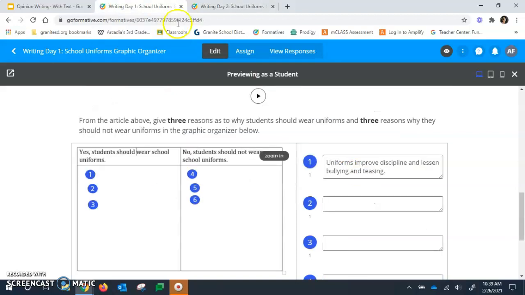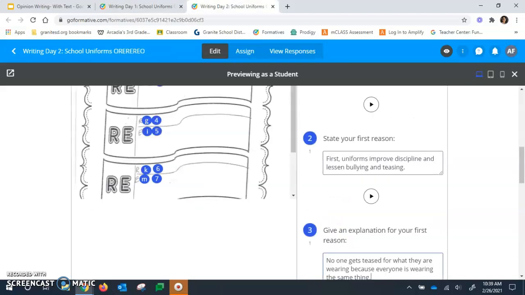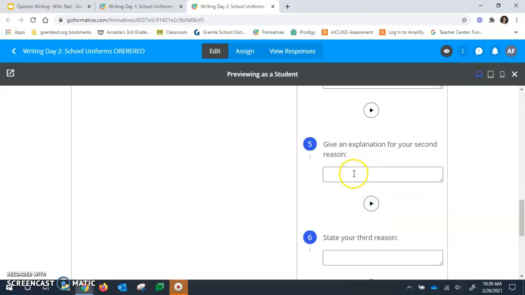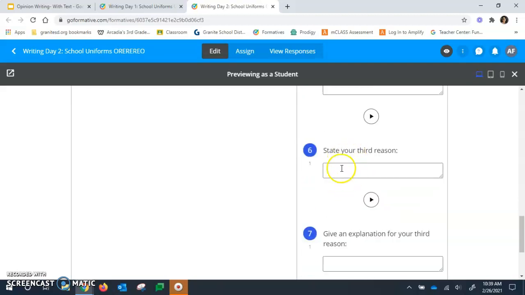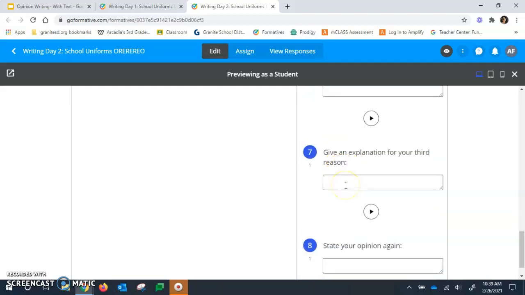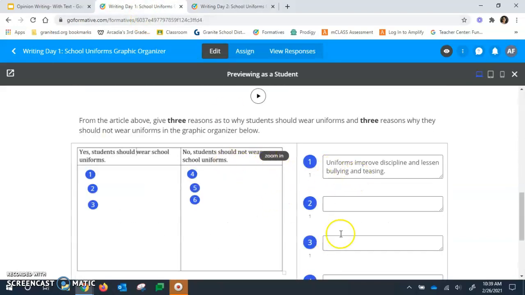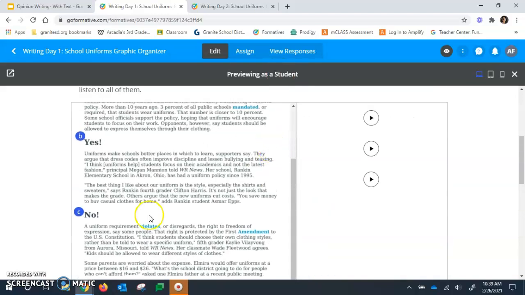Well, you did more than I did. You gave me a second reason and a third reason. And that's where you're going to put it in here, 4, and then give an explanation on 5, 6, give that third reason and your explanation. Because this was all from the text here. All of these should have been coming from our article here.